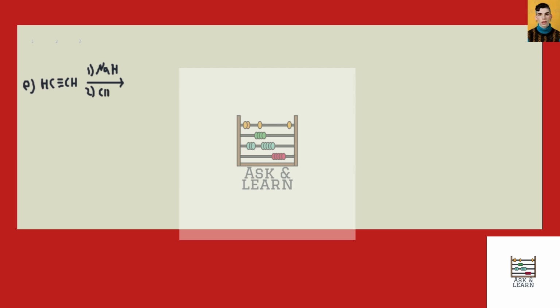Followed by water workup. And so that is going to give us this. Okay, so we now have a 4-carbon chain. We need to protect this alcohol that we just made so that we can keep manipulating the rest of this molecule without the alcohol interfering.